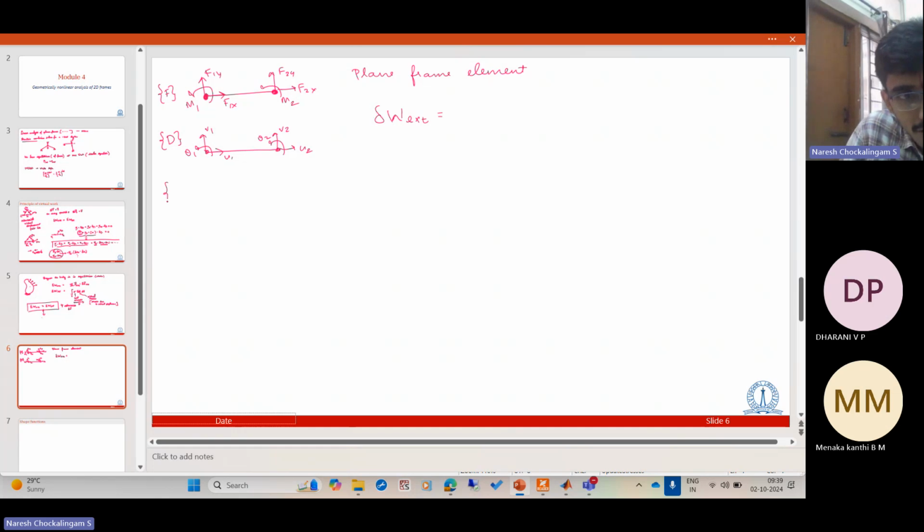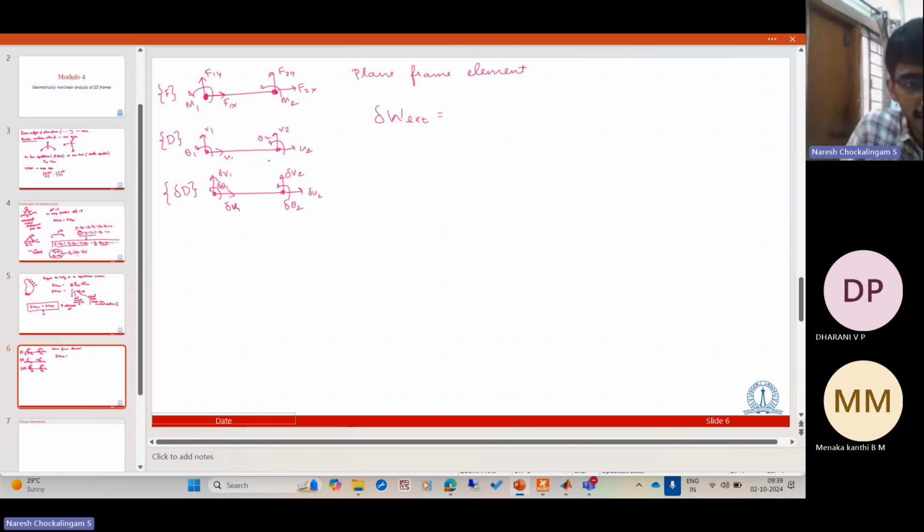Now consider a virtual displacement field given by delta capital D. So delta capital D is the same thing, but everything with a delta. It's like a small disturbance to this displacement. So there's a delta U1, delta V1, delta theta 1, and you have a delta U2, delta V2, and delta theta 2. So think of the virtual displacements.